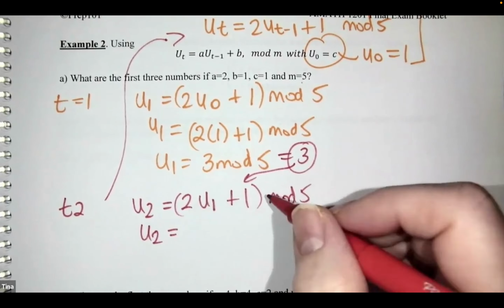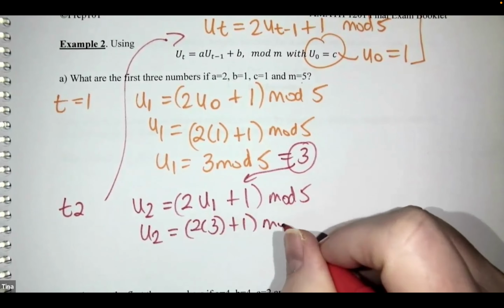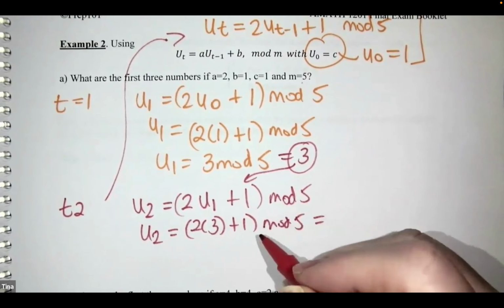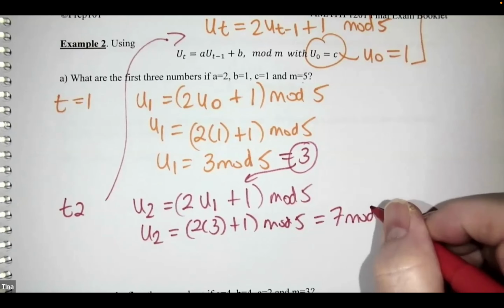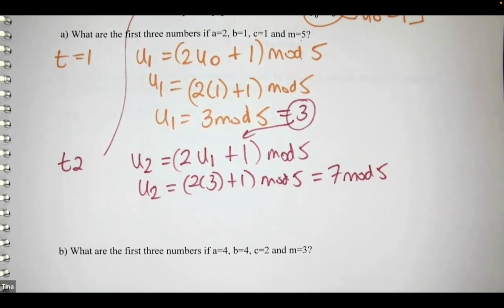So if this is 3, 2 times 3 plus 1 is what? 6 plus 1, so 7 mod 5.